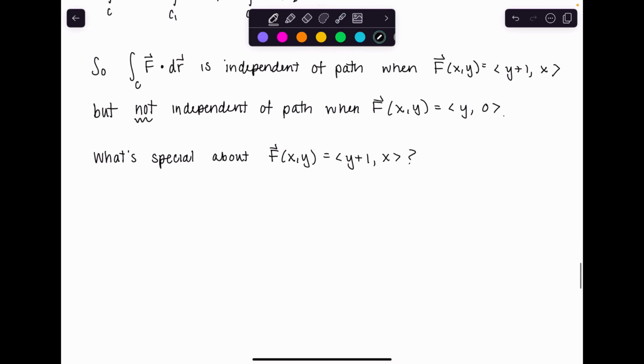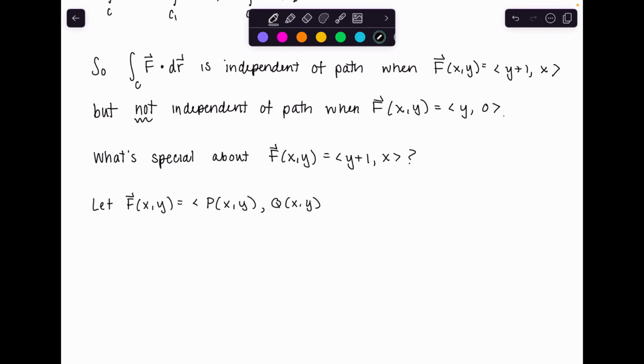Okay, so putting everything now into words on paper, let's let the vector field F be comprised of functions P and Q. This is going to be very common notation.